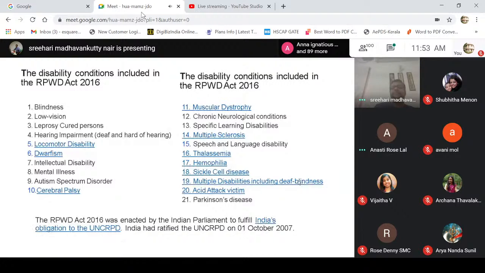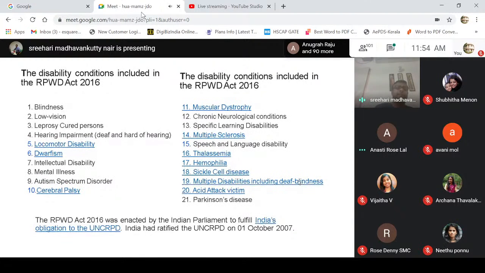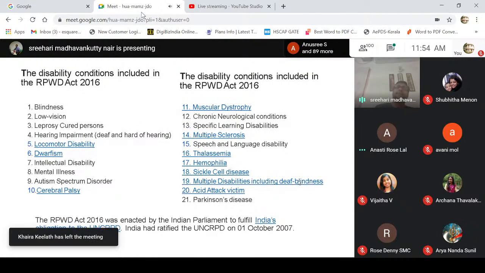Then blindness, deafness, low vision, all these things. Leprosy, you know, is a historic disease causing disabilities. Then hearing impairment, of course, is one area. There have been a lot of activities happening for the last 2 decades.